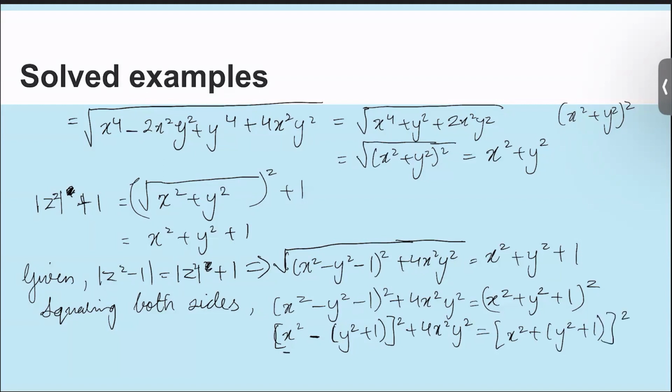Now you can see over here that this can be in the form of a minus b the whole square, and this can be thought of as being in the form of a plus b the whole square. So over here a is equal to x squared, and b is equal to y squared plus 1.